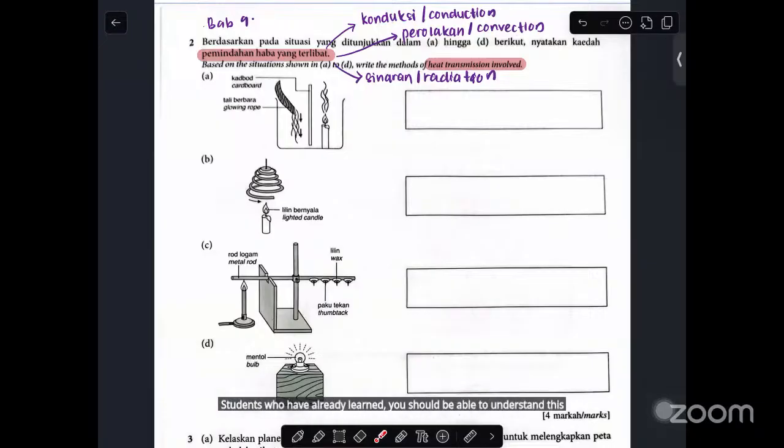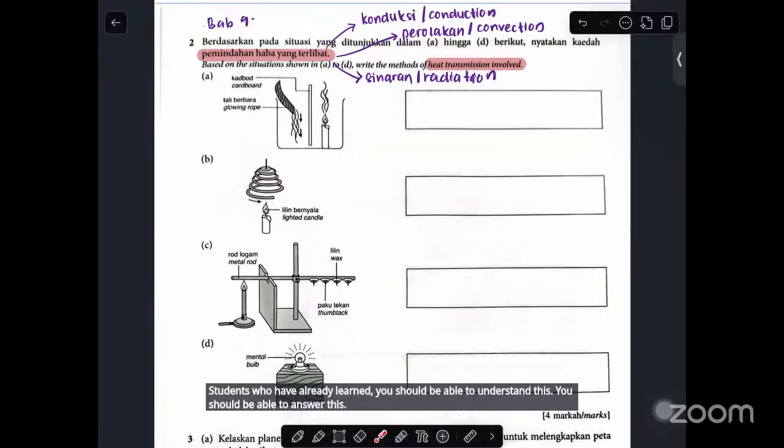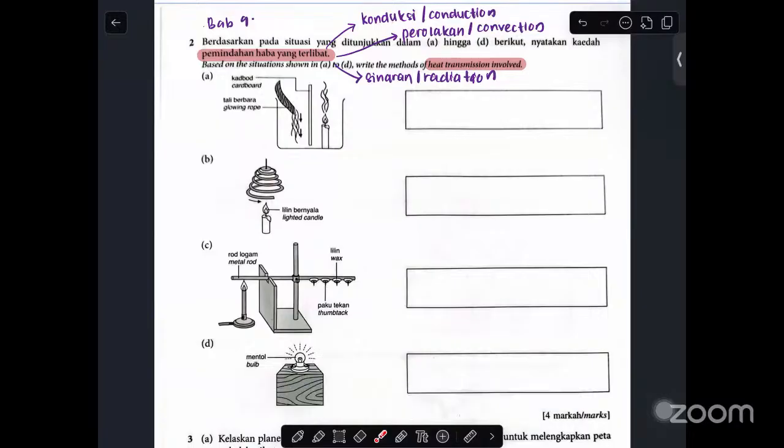You should be able to answer this. Boleh tak? Can or cannot? Okay, A is convection. B?